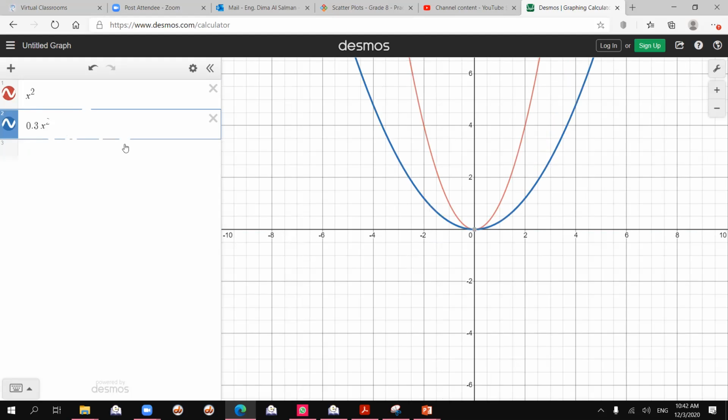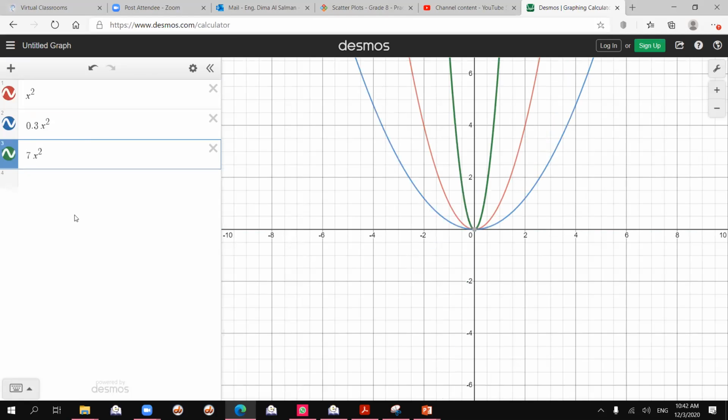Look at it here, how it will be even wider. If you graph now 7x squared, this is the green one, and the red one is the wider one.